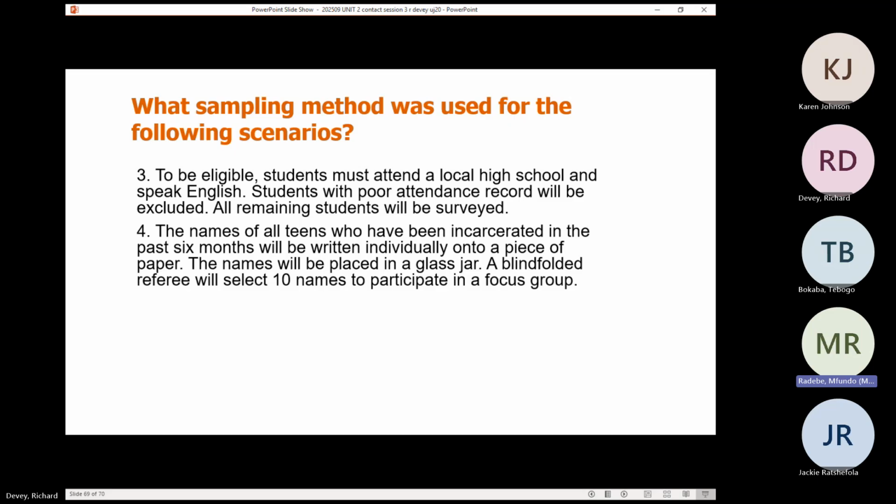And also, I would say that the population is also known.